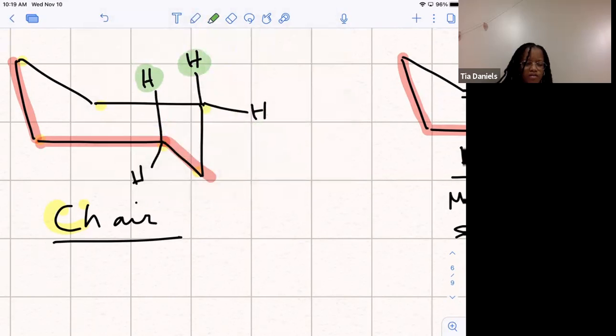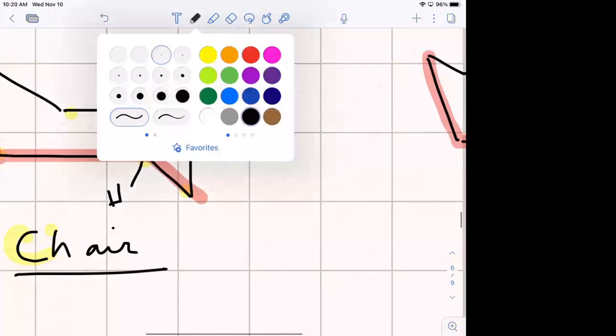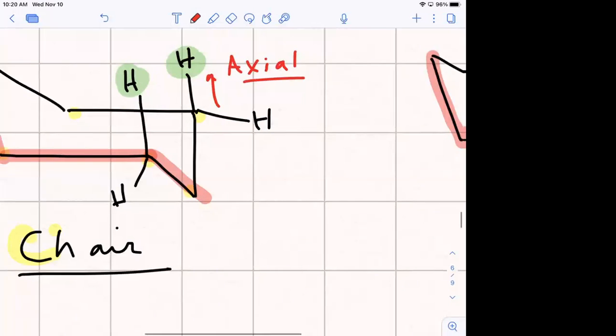Is it apical? Axial, good. So the ones that are pointed vertically like this, these are axial. And vertical is not just up, it can be down as well, which we'll see in a minute.